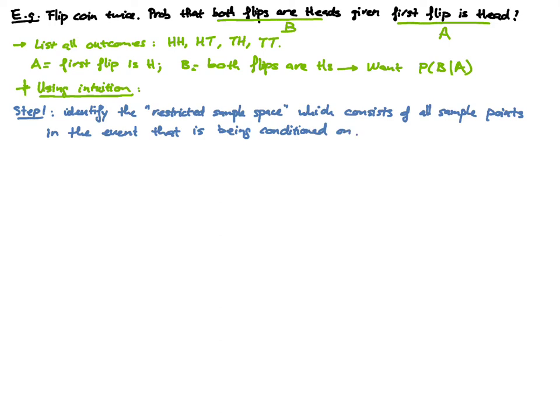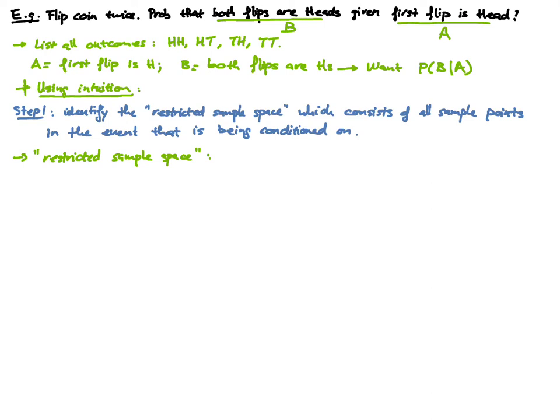Now that's a mouthful, right? But if you apply it to a particular problem, for example, in this problem, the restricted sample space will consist of the following outcomes. So the restricted sample space consists of the outcomes in event A, which is the event that we are conditioning on.